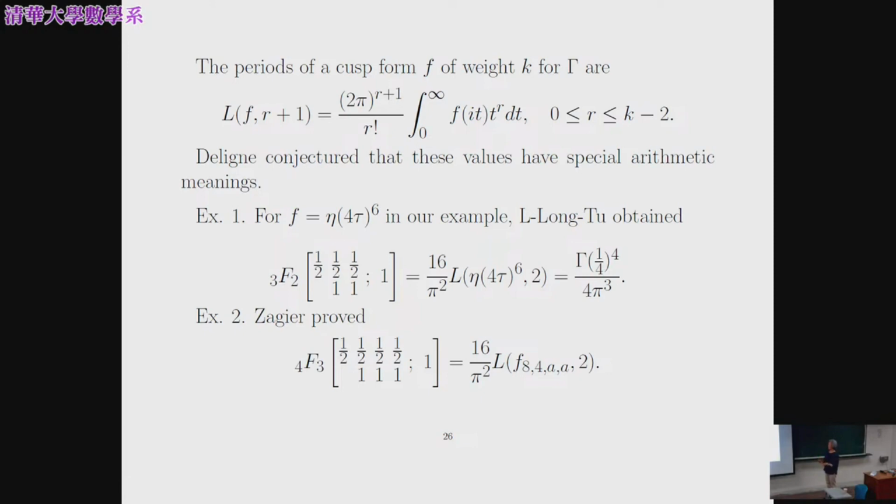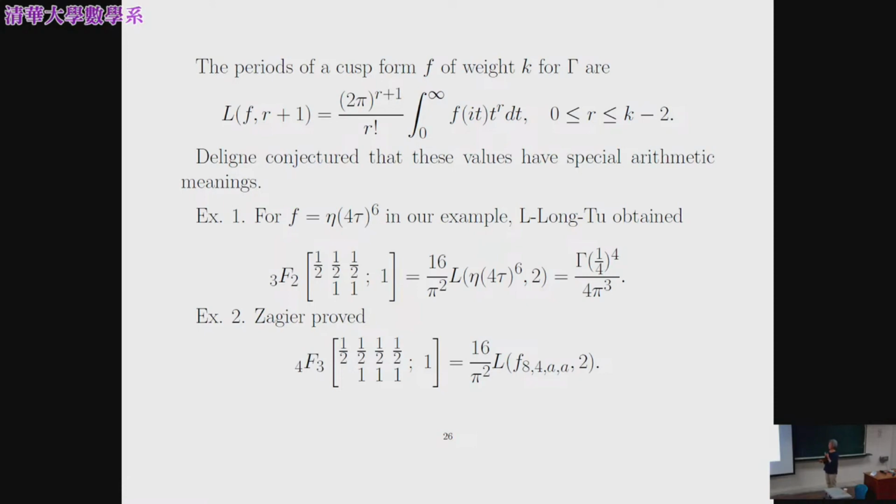This value is the so-called value of the L-function associated to this modular form at r plus 1. And Lin has a very general conjecture, which says that when r plus 1 is an integer between 1 and k minus 1, these values have very special arithmetic meanings.